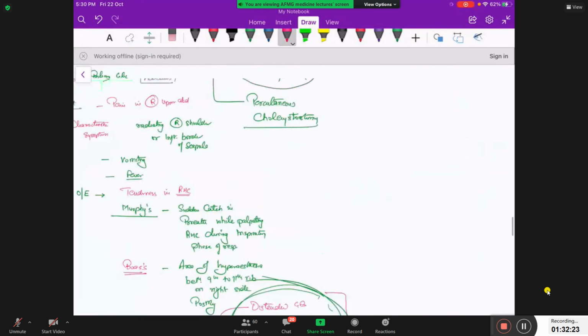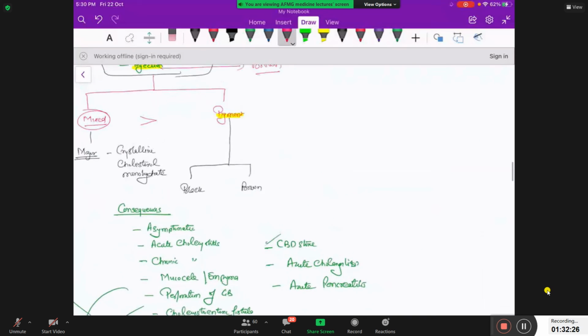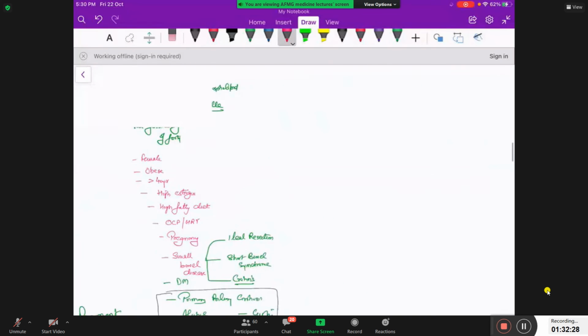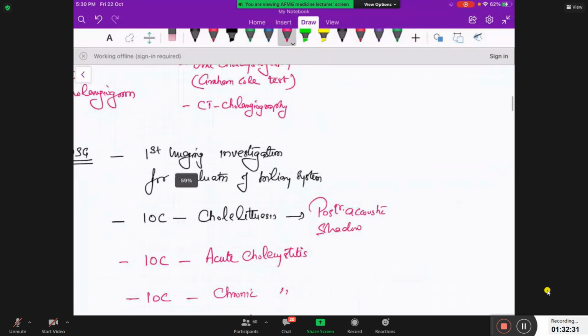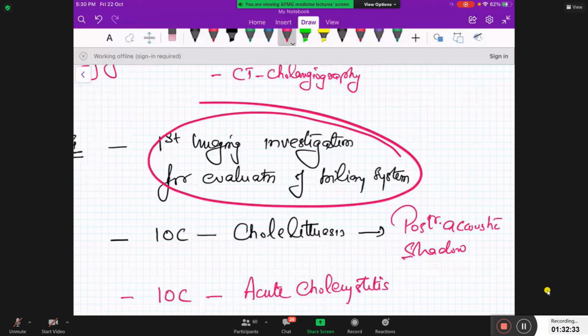You have already written that in your theoretical points, that ultrasound is the first imaging investigation. Remember, as a rule, this will help you in solving clinical questions. Whenever you have any biliary pathology suspicion, the first imaging investigation is always going to be ultrasound. Okay.